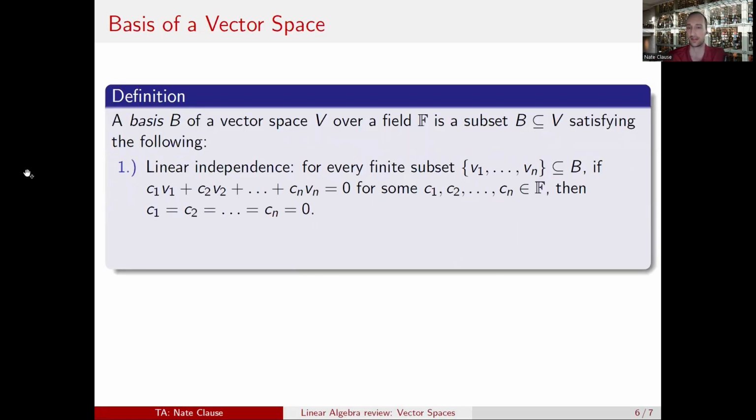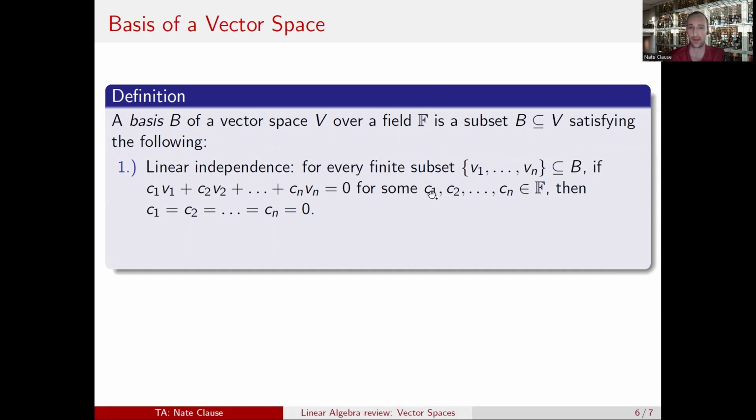Next, a very important descriptor of vector spaces is a basis. So for the definition, a basis B of a vector space V over some field F is a subset of vectors which satisfies two properties. First, a linear independence property.